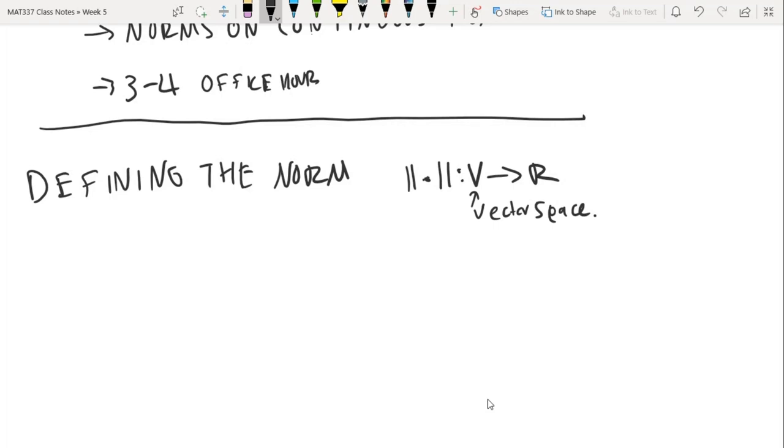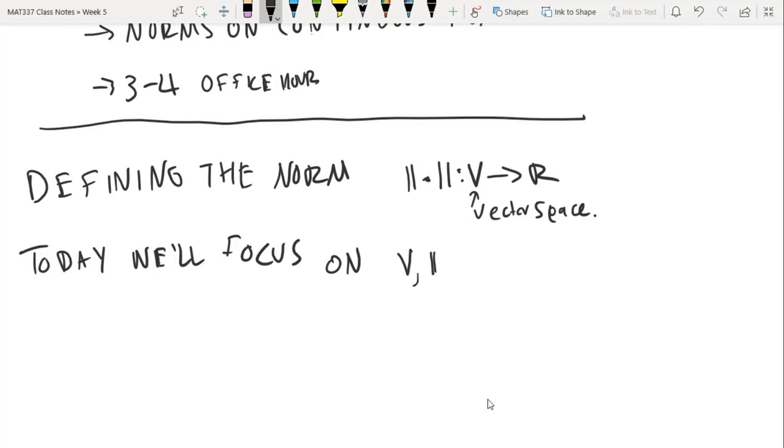Today we'll mostly focus on the vector space of continuous functions on some interval and equipped with the supernorm.